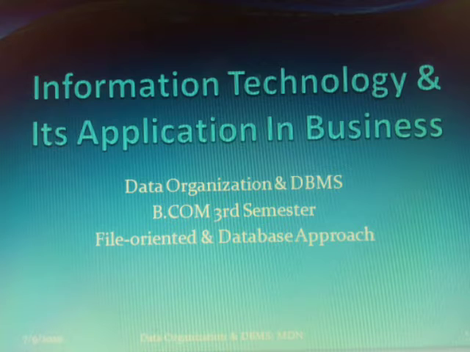So, the transaction file is actually a temporary file which will store the data to be processed. Once this data is processed, it is permanently stored in the master file. So, master file is actually your main file. More specifically, we can say the transaction file is used to update the master file.